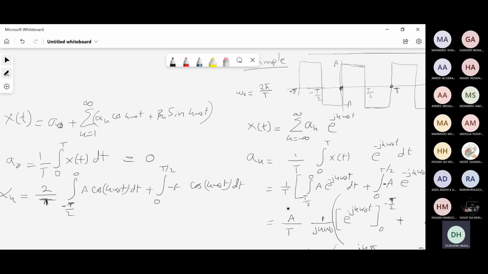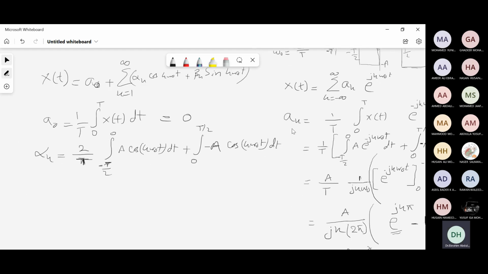If you do the calculus, you will see that this is equal to 0.